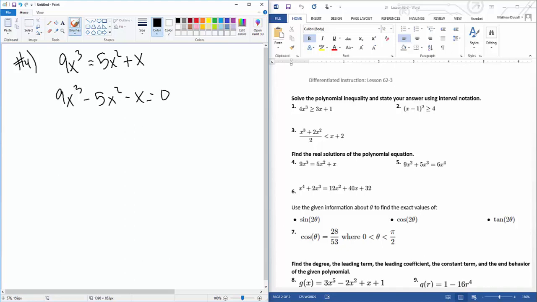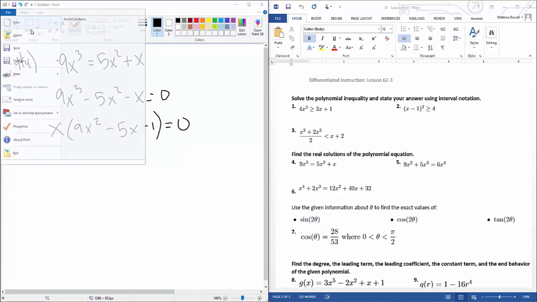I don't have a constant. This implies that there is a value for x that's in common with everything, so I need to factor that out. Now if you want, you can do your p's over q's, but it's quadratic, so you can also use quadratic means to factor.